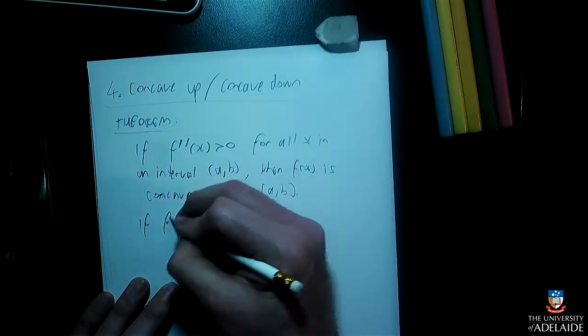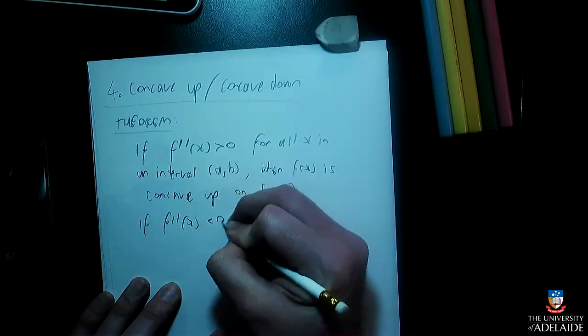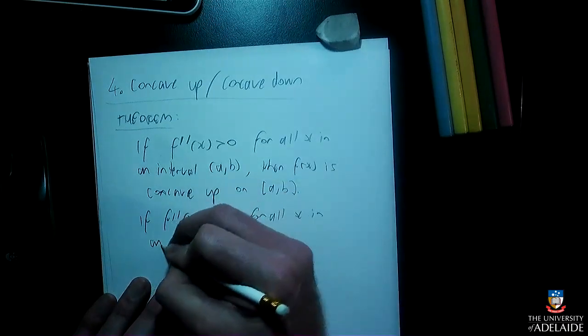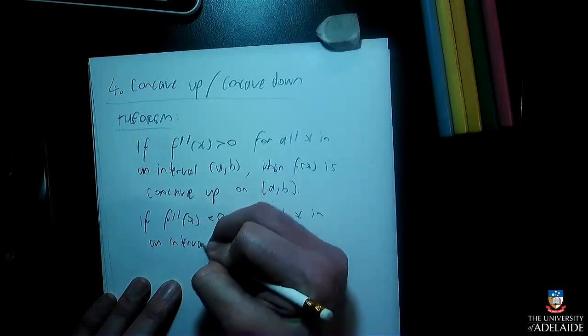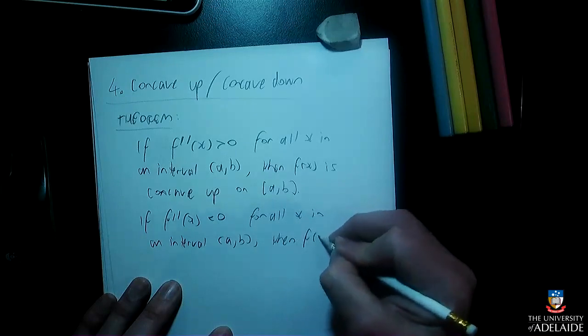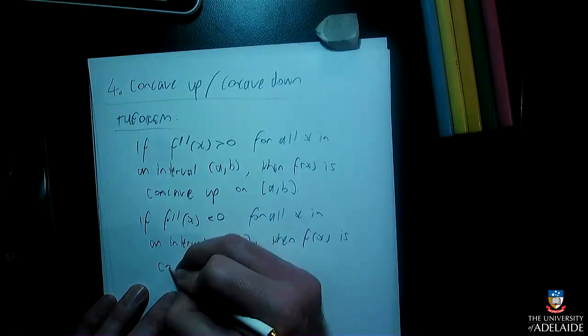And if the second derivative is negative for all x in an interval AB, then f of x is concave down.